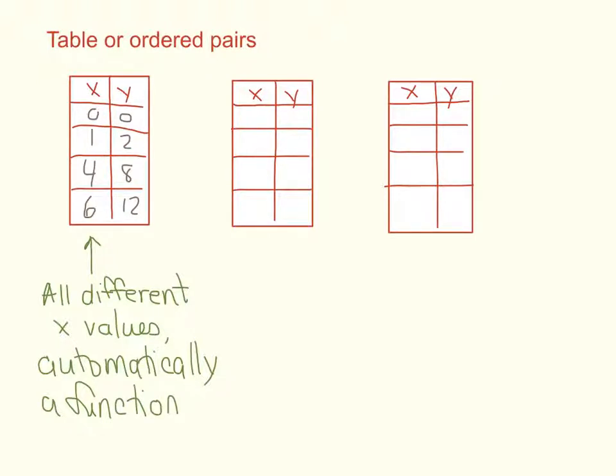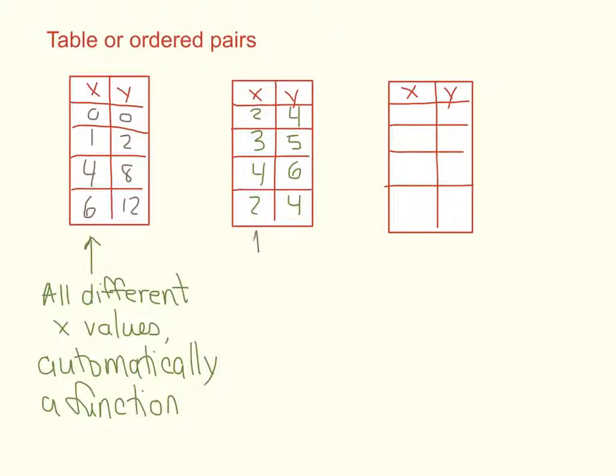Okay, so the next one that we are going to take a look at is 2, 3, 4, 2, 4, 6, 5, 4. Okay, so again, I want to look at my x values.